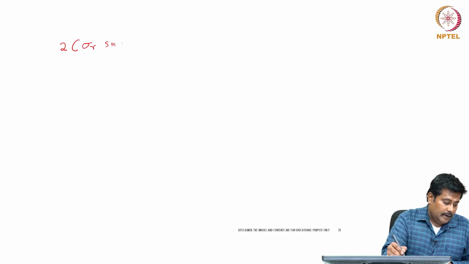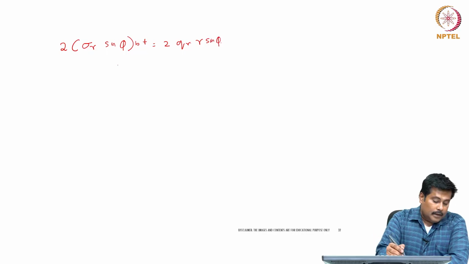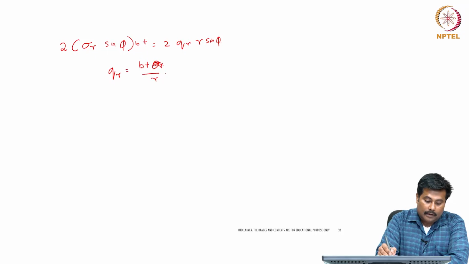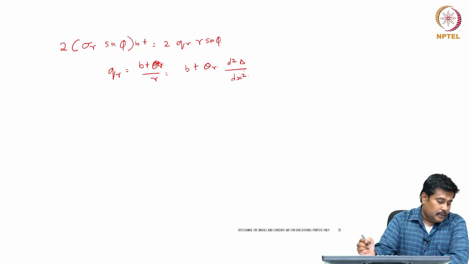So, 2 sigma r theta b t r sin phi equals 2 QR r sin phi, and QR equals b t sigma r, b t theta r by r, which is nothing but b t sigma r d squared del by dx squared.